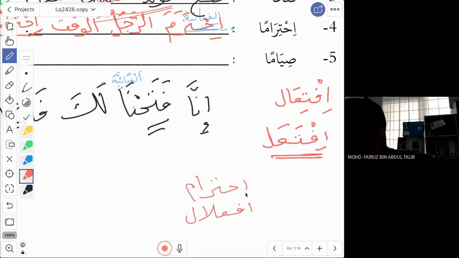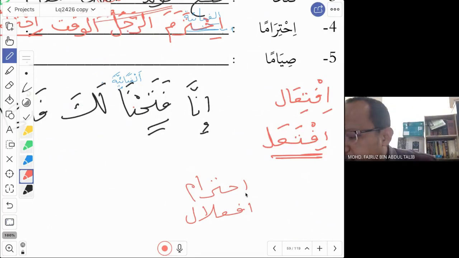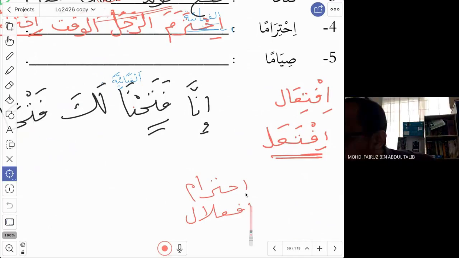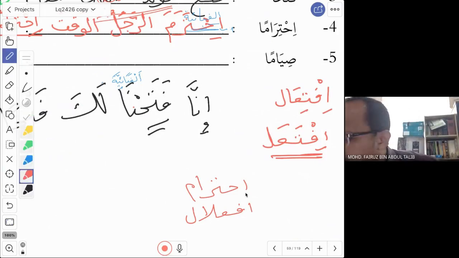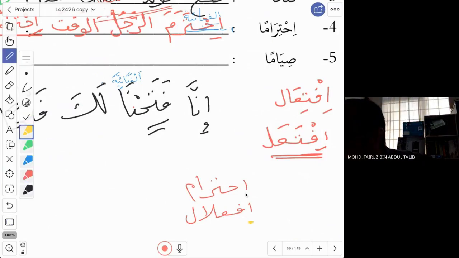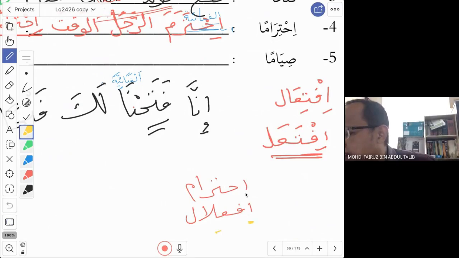Okay, if you look at if'ilal, what are the additional letters? Mana huruf tambahan dia? Alif. What else? Lam. You have alif, and then the second alif, and do you see this lam and lam?